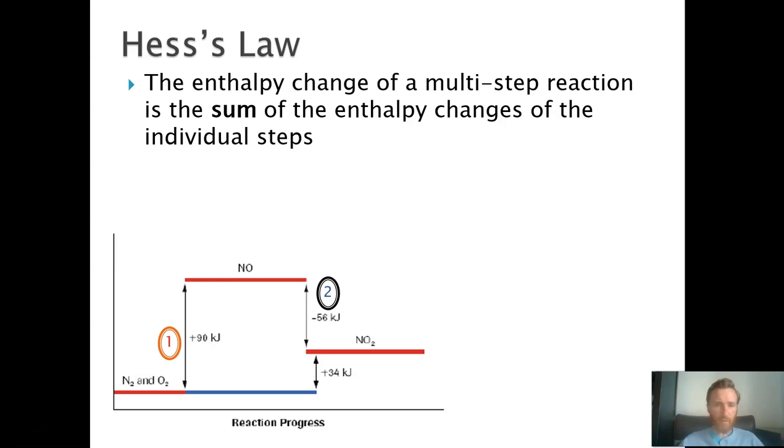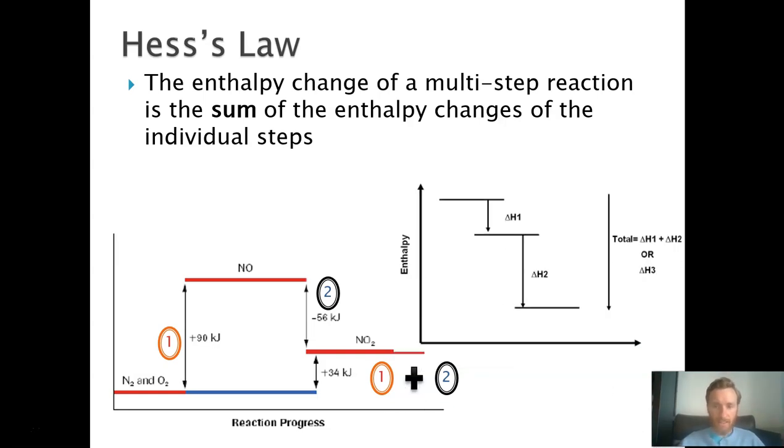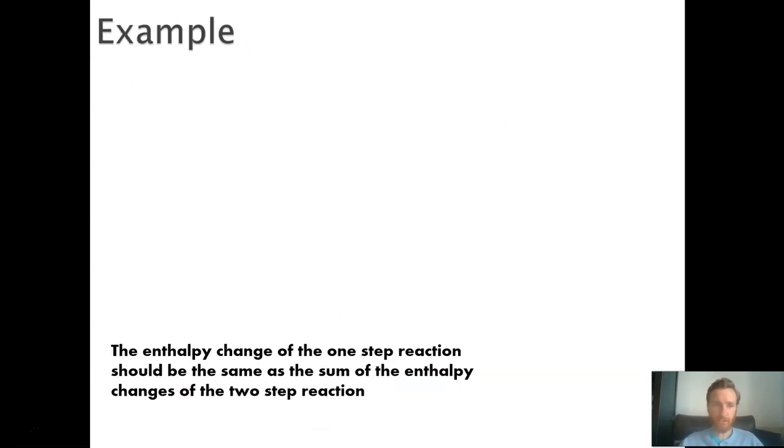Well, if we want to find what this total reaction enthalpy change is, we just need to add 1 and 2, and we get positive 34 kilojoules. So just adding those two numbers will give it to us. So in effect, enthalpy change 1 plus enthalpy change 2 will give us the overall enthalpy change.